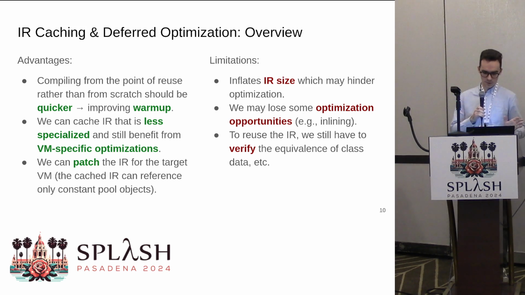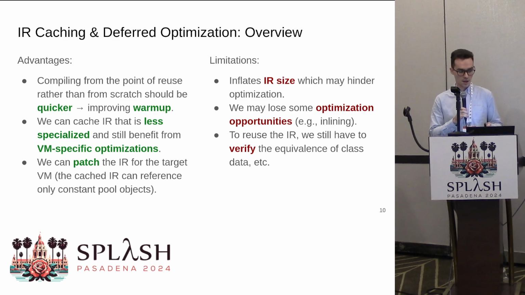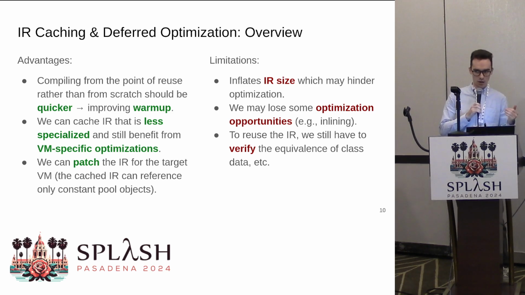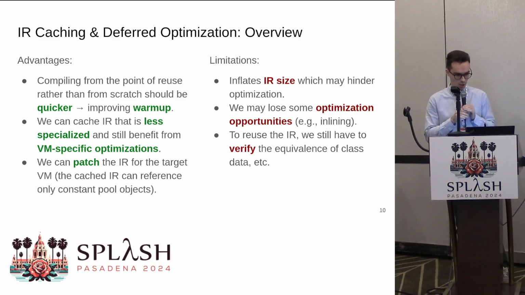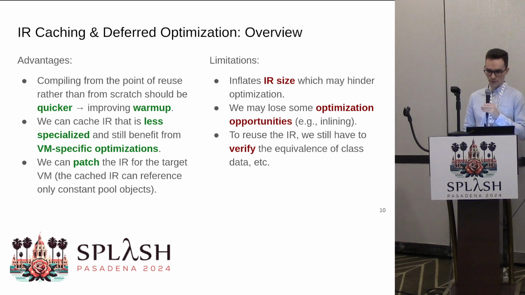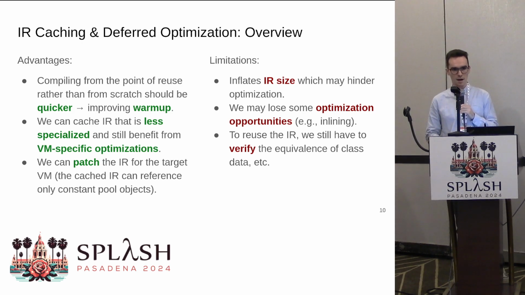And with deferred optimization, we can cache IR that is less specialized to the running VM instance, but we can still benefit from VM-specific optimizations by applying them after the point of reuse. The advantage of deferred optimization is also that the IR cannot reference arbitrary application objects living on the heap.